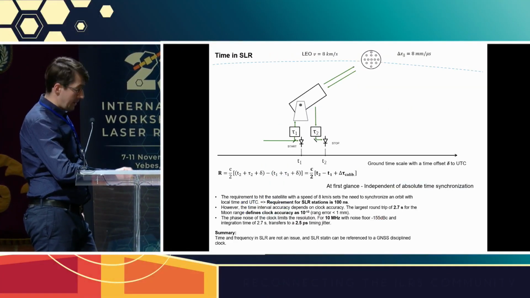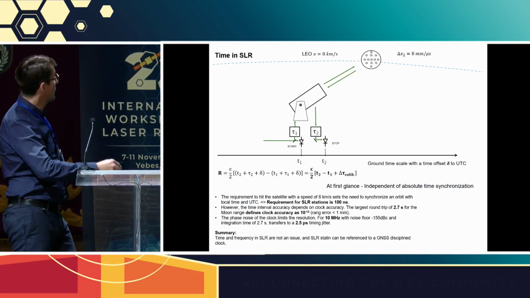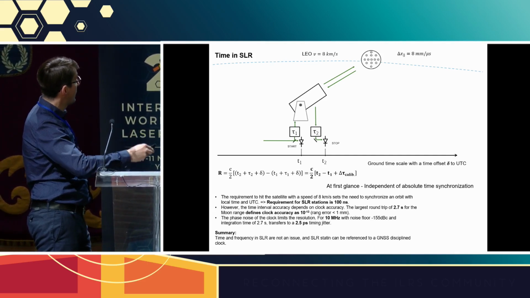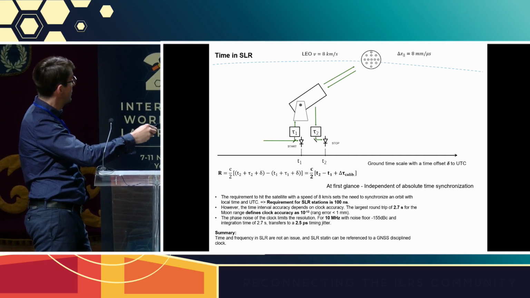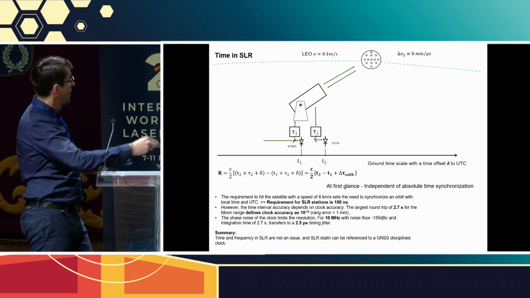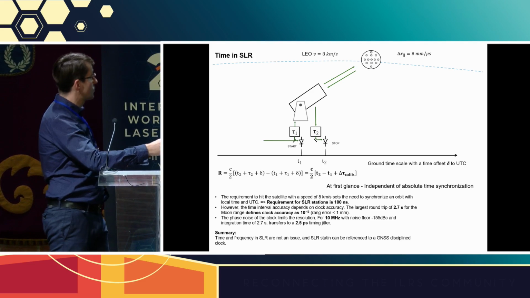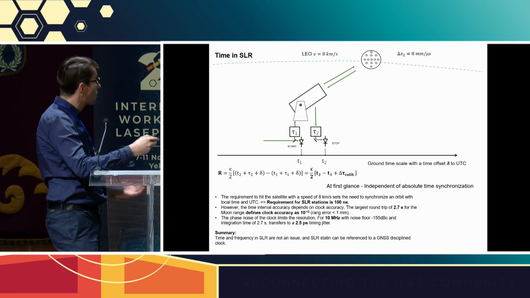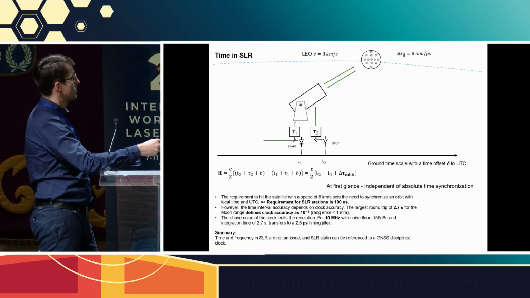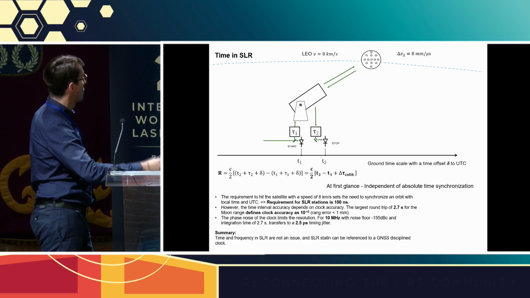Let's start with the distance measurement of the SLR. What we are doing is sending laser pulses through the telescope, which accumulate some delay, and we are time tagging these start epochs within some local time scale, which is running with some distinct offset to some Universal Time Coordinated, so to some universal time scale, which for this purpose we can say is UTC.